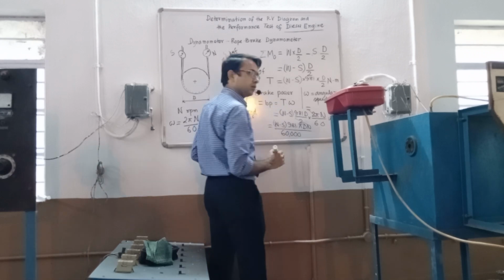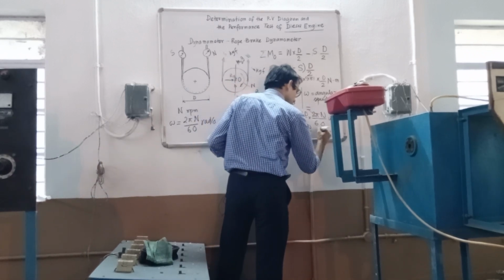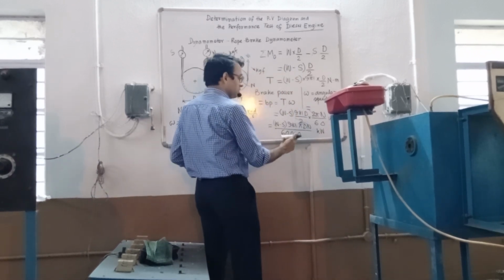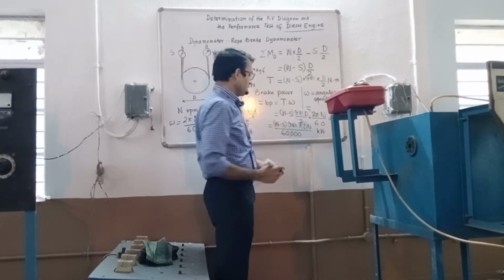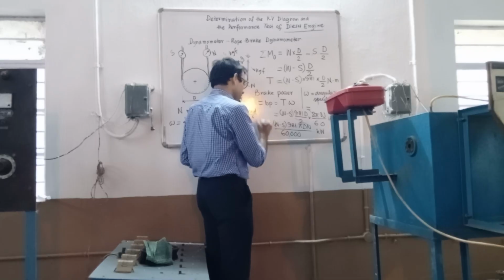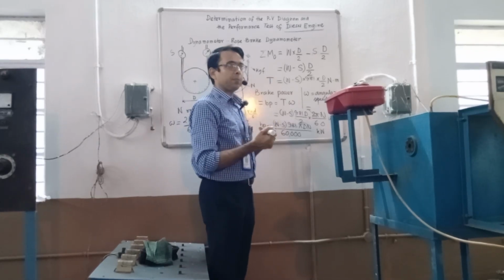What is the unit? Kilowatt. I have divided by 1000, therefore watt becomes kilowatt. So this is the brake power.